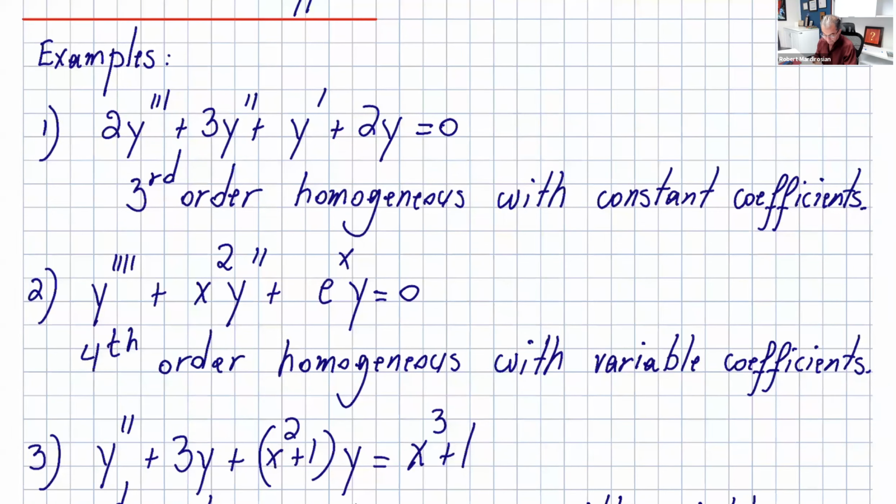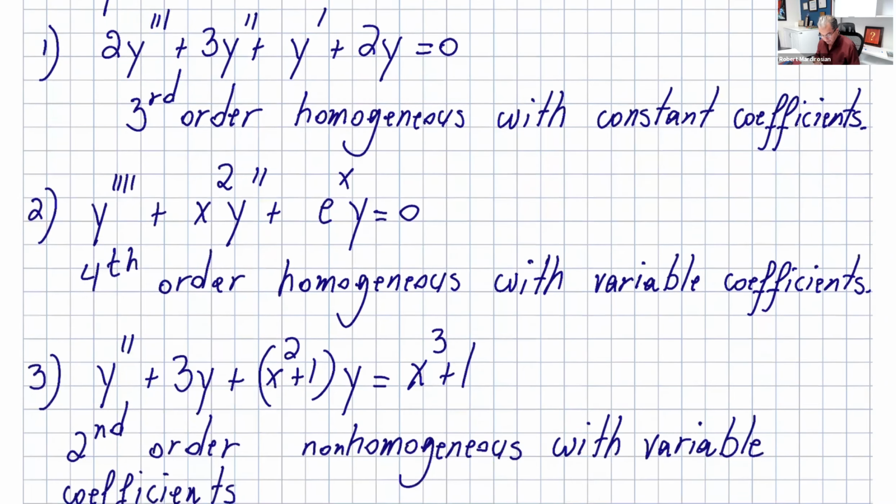Now we're not going to solve those, but I just wanted you to understand that this equation is a third order homogeneous with constant coefficients. Third order because the highest derivative is 3, homogeneous because it equals 0, and with constant coefficients, that means these are just numbers.